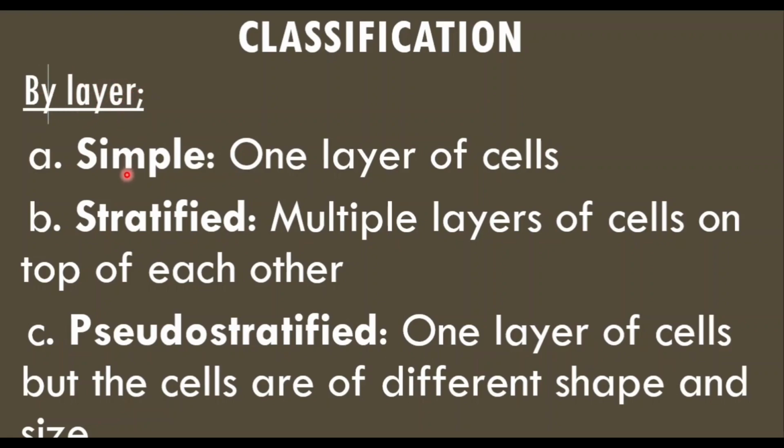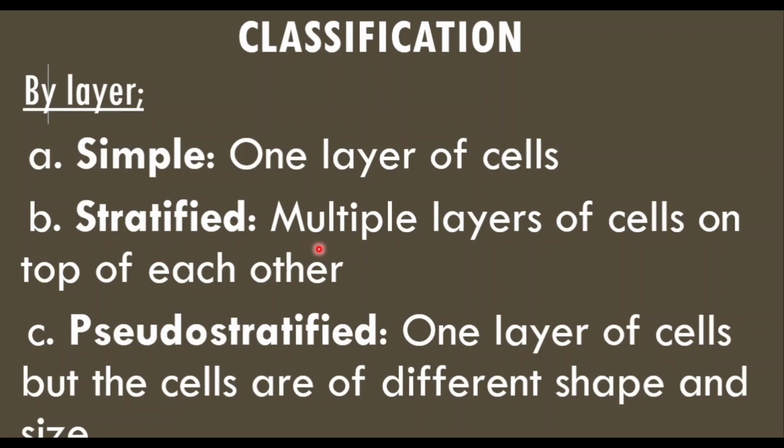For example, when we say simple squamous epithelial tissue, that means we have one layer of cells and it's flat. So simple is one layer of cells, squamous is flat cells. So simple squamous epithelial tissue is one layer of flat epithelial cells. Stratified is multiple layers. So stratified squamous will be multiple layers of flat cells. So that is how we name epithelial tissue.